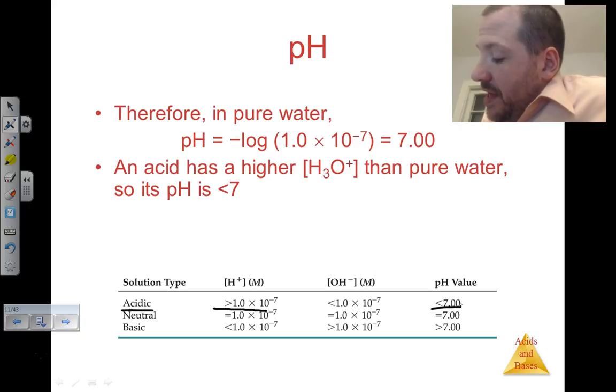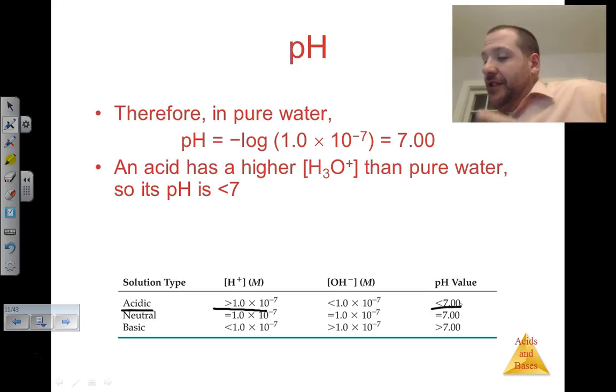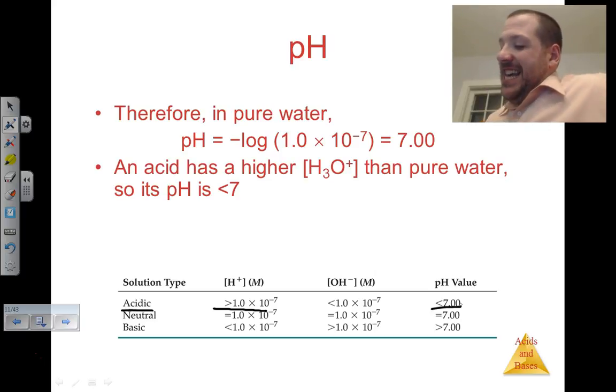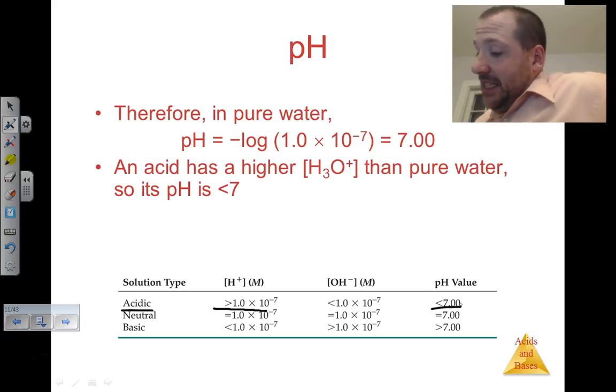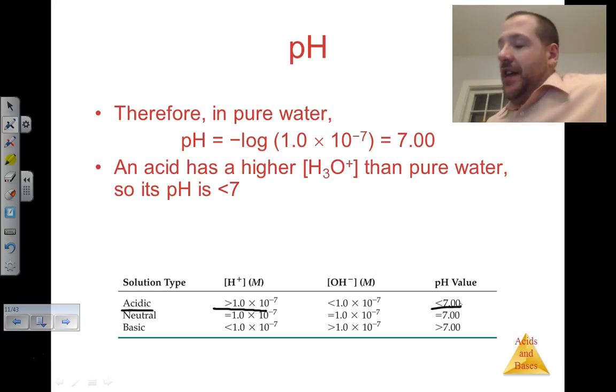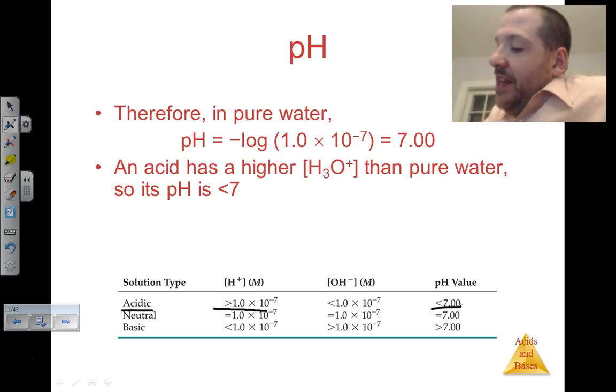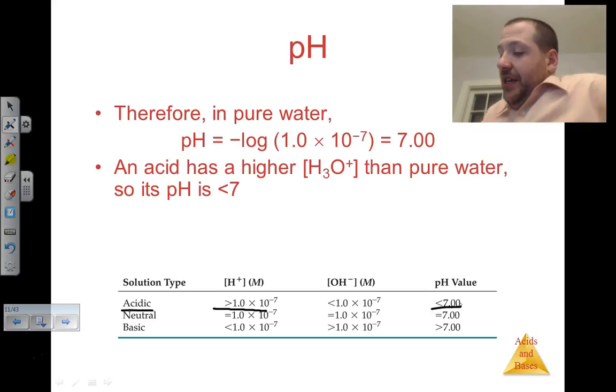If it's basic, that means that you have a concentration of hydronium ion that is less than 10 to the minus 7, and therefore the pH value is greater than 7.